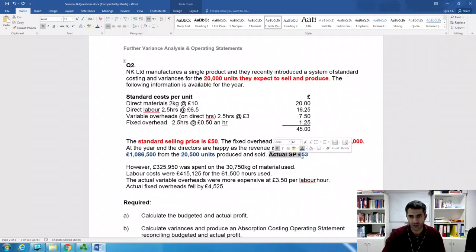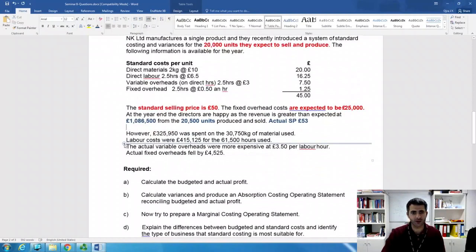Now for the material, we used 30,750 kilograms of material. This is actual figures again, guys. And these cost us £325,950.